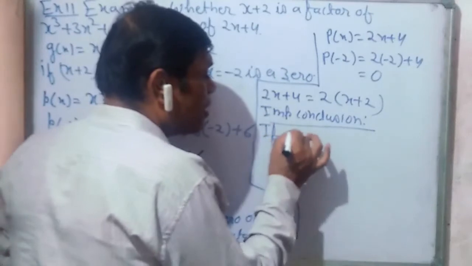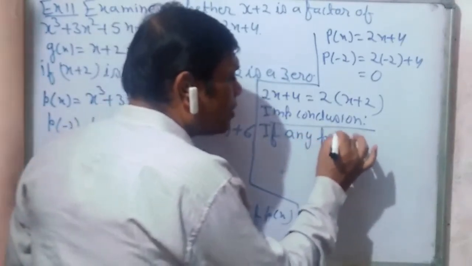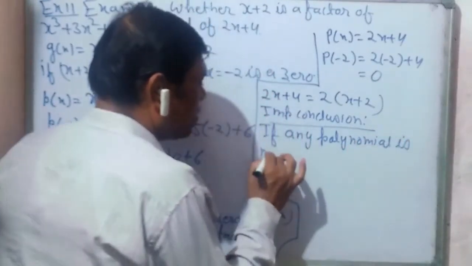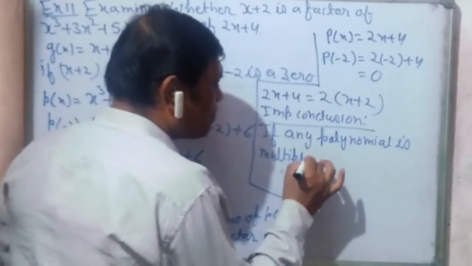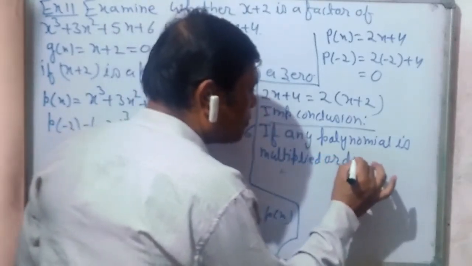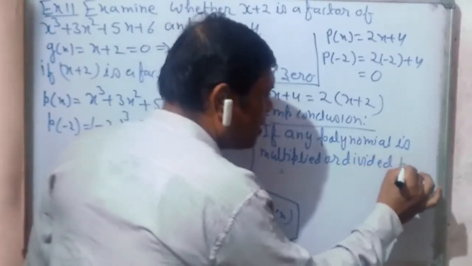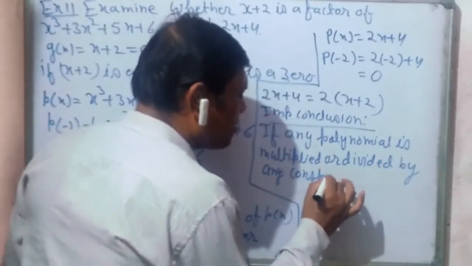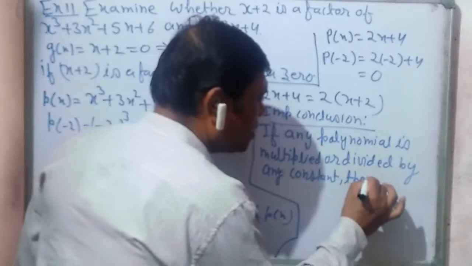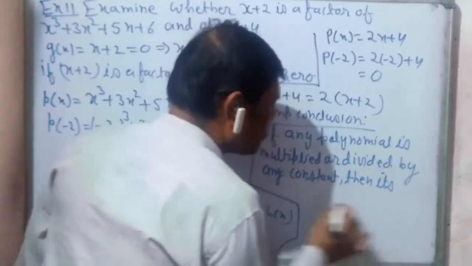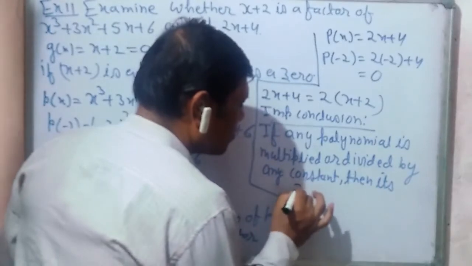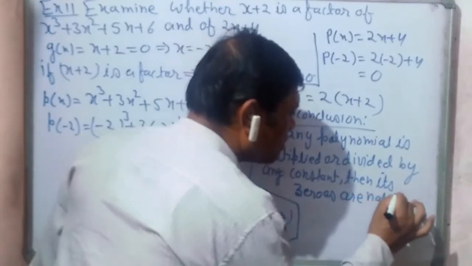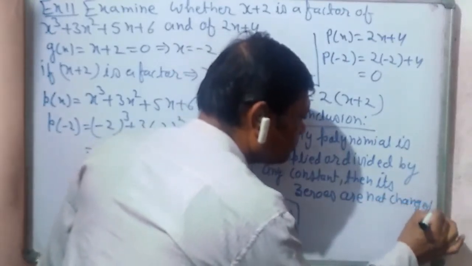If any polynomial is multiplied or divided by any constant, then its zeros are not changed.